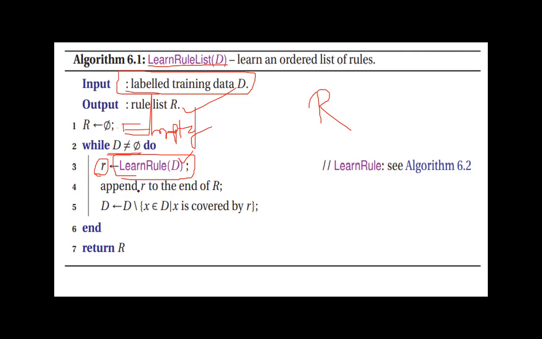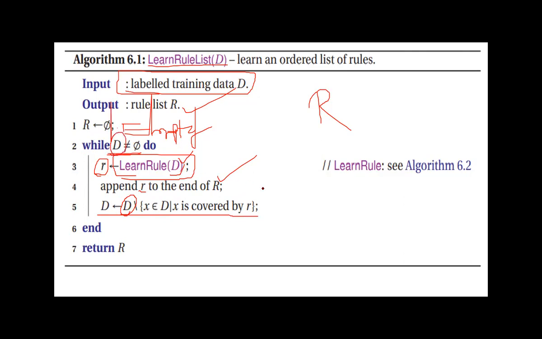Now append that R to R. Now D, subtract this D from, the rule which we added to the R list, remove that data from D. This is what it is. Remove data. Now repeat this until D becomes empty.